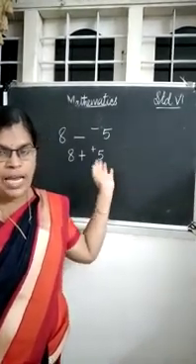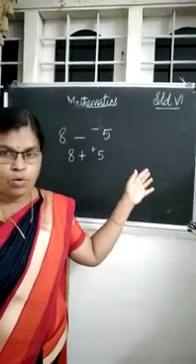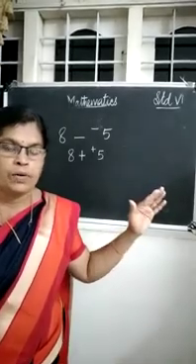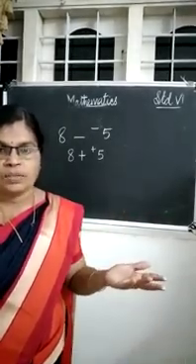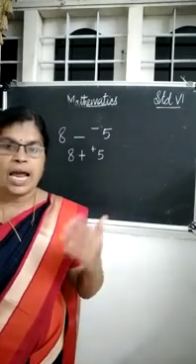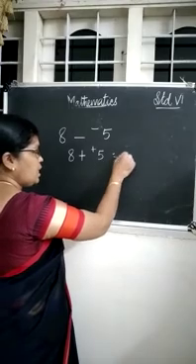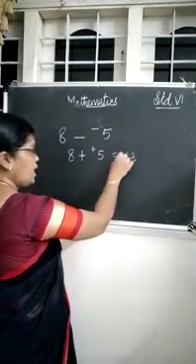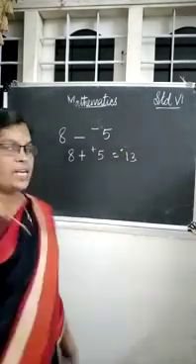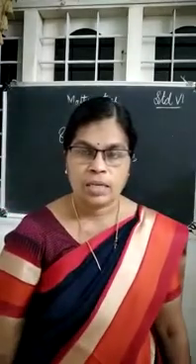Now 8 is positive and 5 is also positive. Both are positive. What is the rule for adding positive integers? Add the integers and put the positive sign. 8 plus 5 is 13, and the sign is positive. The answer is positive 13. Okay, children?